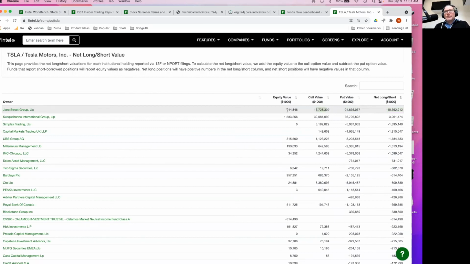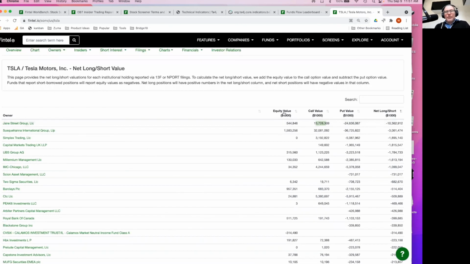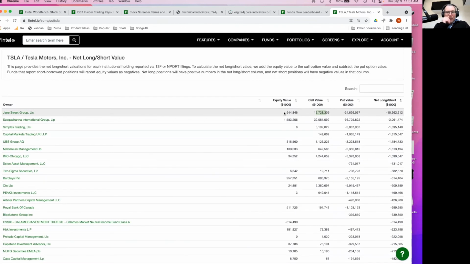So I think that's kind of how you'd have to do it. You'd have to start with the screen and then go through this data here and figure out what the overall positions look like. I'll think about how to do this a little bit better, perhaps in the future.